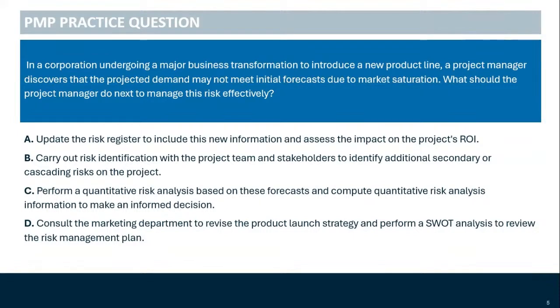B. Carry out risk identification with the project team and stakeholders to identify additional secondary or cascading risks on the project. C. Perform a quantitative risk analysis based on these forecasts and compute quantitative risk analysis information to make an informed decision. D. Consult the marketing department to revise the product launch strategy and perform a SWOT analysis to review the risk management plan.